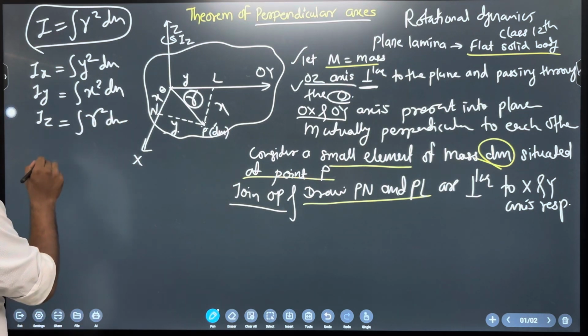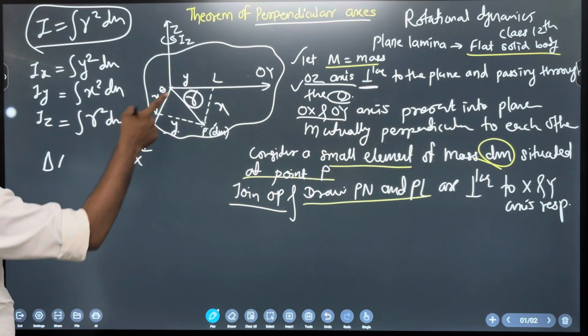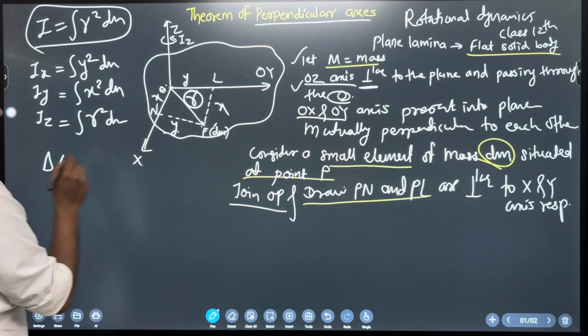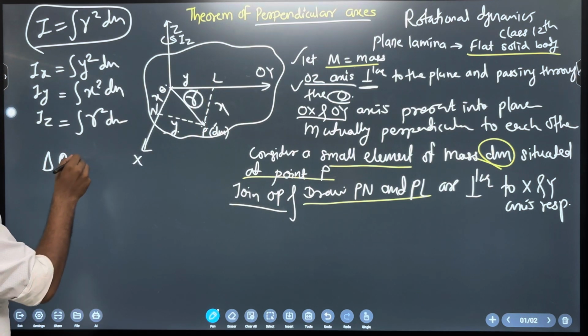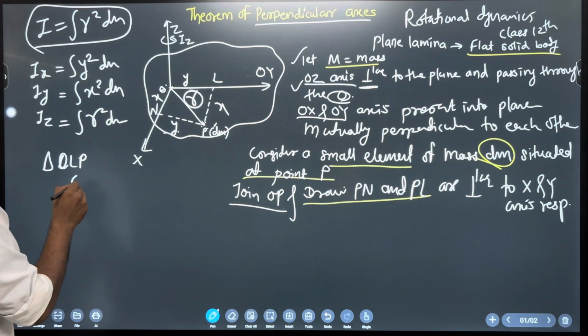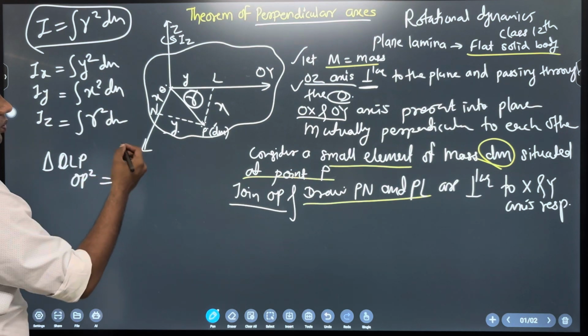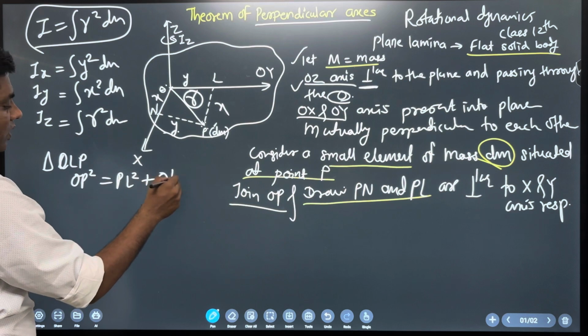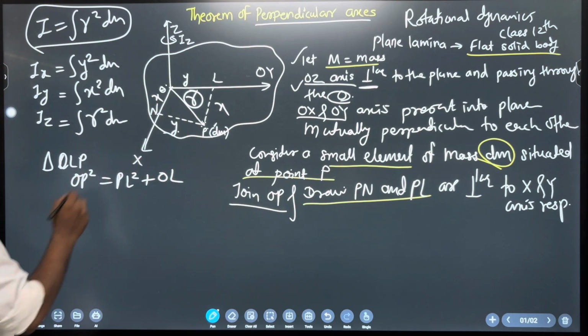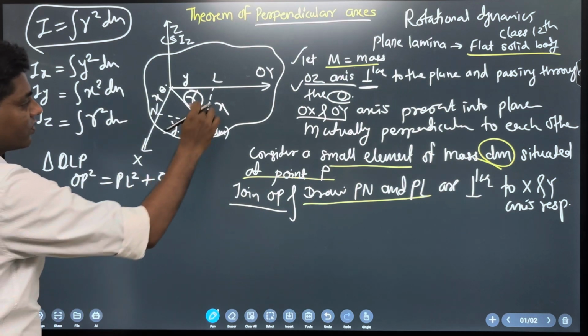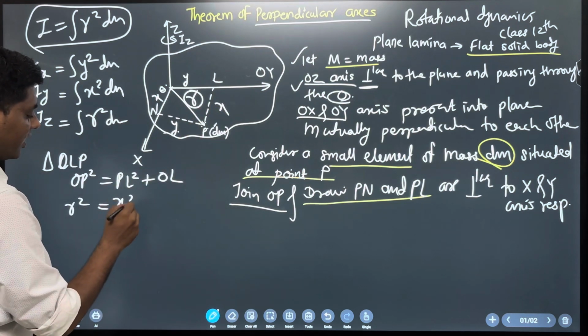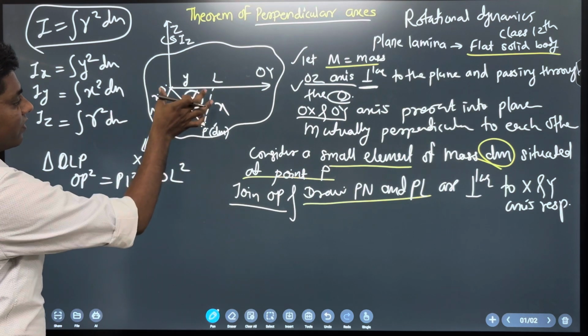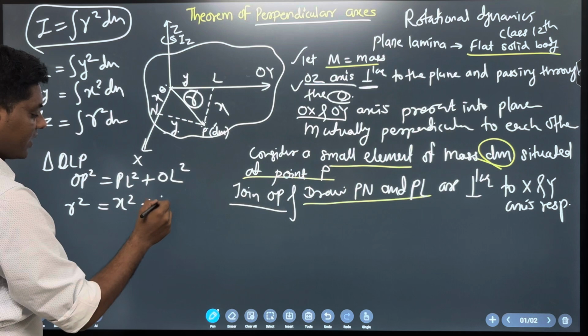Now look at the triangle OLP and apply the Pythagoras theorem. OP square equals PL square plus OL square. OP square is r square, PL square is x square, and OL square is y square.